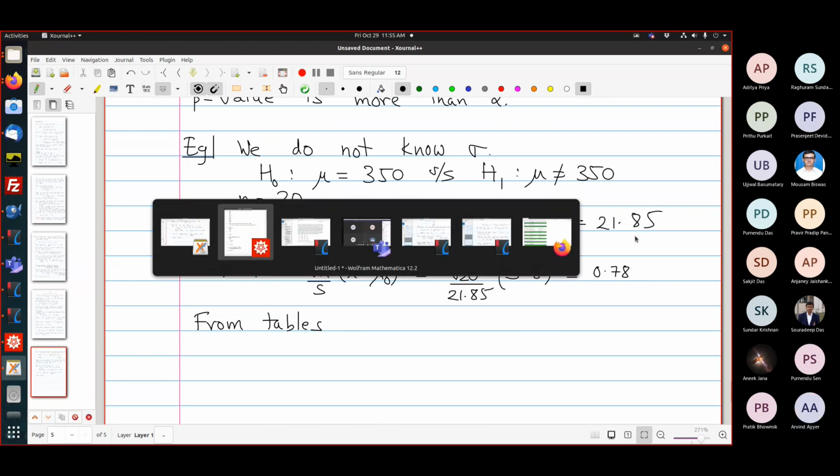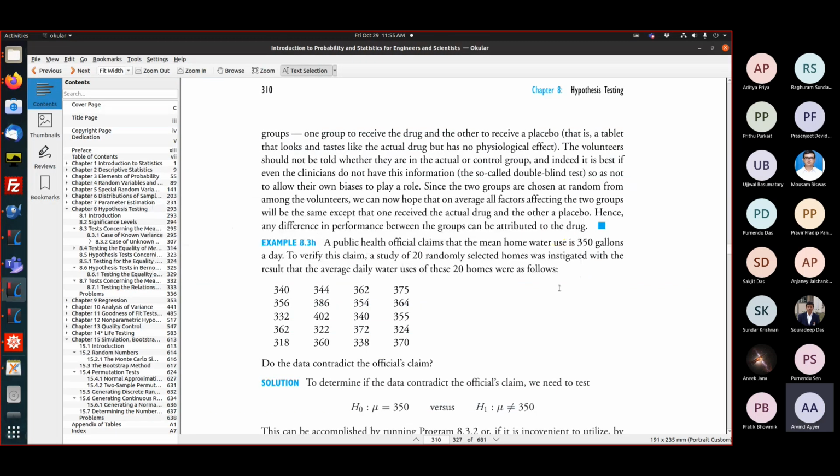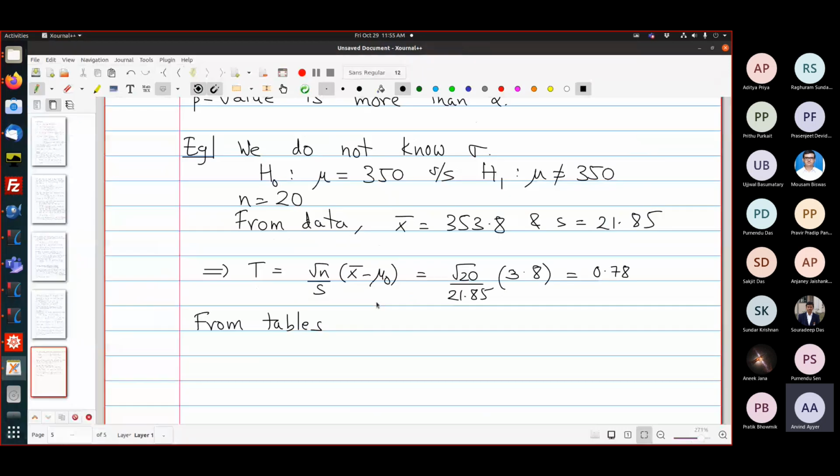Also, the question doesn't say it, but they want to do this at 10% significance. Okay. So from the tables, t of alpha by 2, which is 0.05, and n minus 1, which is 19, is 1.73.